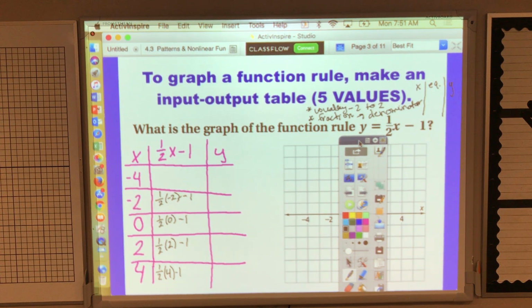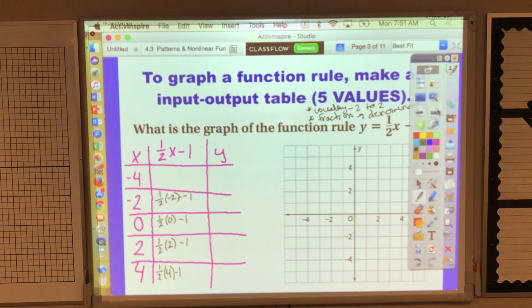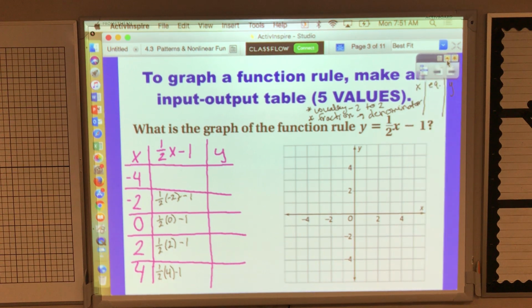Let's look at this first example I have here. It says, what is the graph of the function rule y equals 1/2 x minus 1? So I made my function table. My first column is x, second one is my equation, and if you want to put the y equals in there, you can, but it doesn't have to be because this is your workspace, and your last column is your output, which in our case is y.